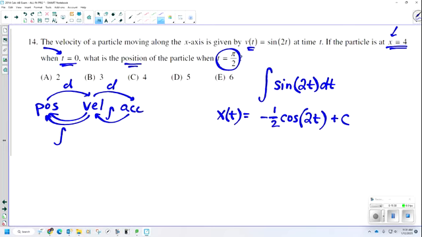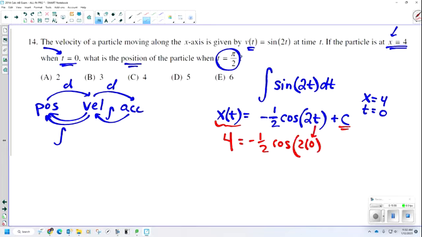When x is 4 at time 0, I'm going to plug a 4 in for x and a 0 in for time, and figure out my c value, because I cannot use this position equation to solve for anything until I find out what my c is. So x is 4, negative 1/2 cosine of 2 times 0 plus c.